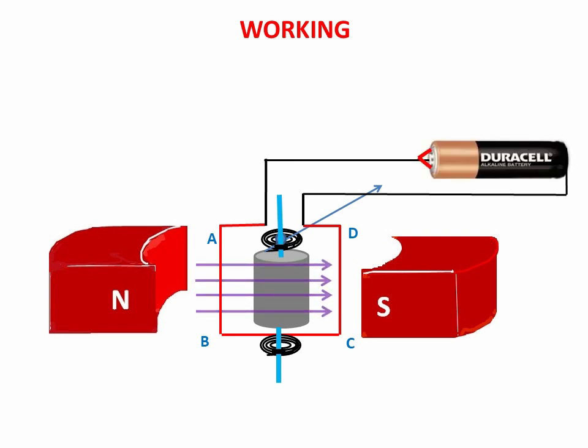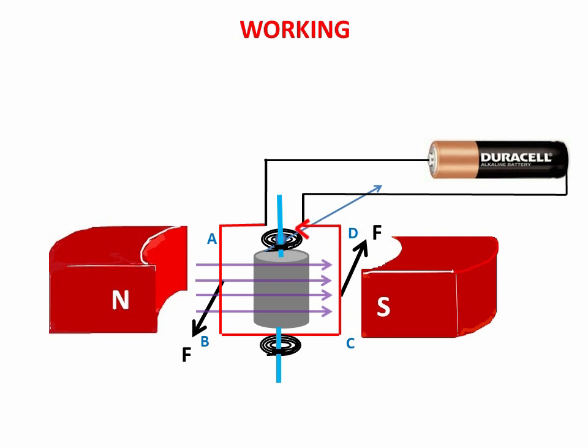When the switch is on, that means the battery is connected and the current creates a temporary magnetic field. When it reaches the side A and B, it cuts the magnetic field at 90 degrees. According to Fleming's left hand rule, the side AB experiences a force which is moving towards the observer. When it reaches the side CD, it cuts the magnetic field at 90 degrees.